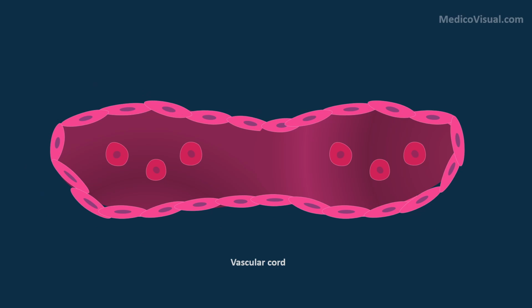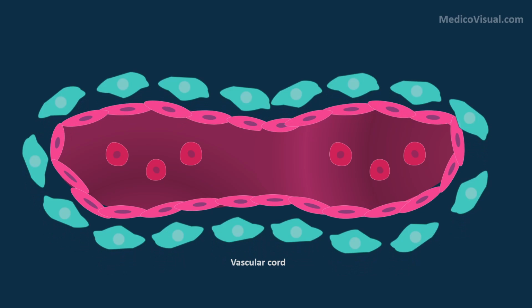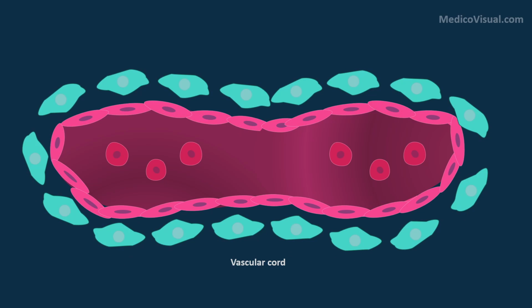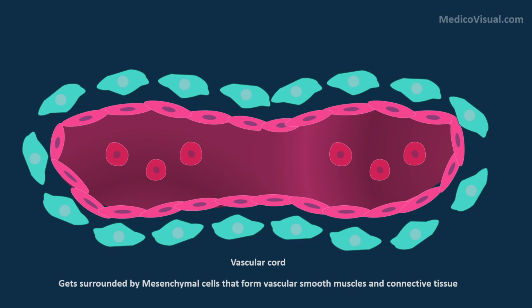As you know, these blood islands are in the extraembryonic mesoderm, and within the extraembryonic mesoderm there are mesenchymal cells. These mesenchymal cells will come and surround this vascular cord, and then they will differentiate into the connective tissue of this blood vessel as well as the smooth muscle of this blood vessel.